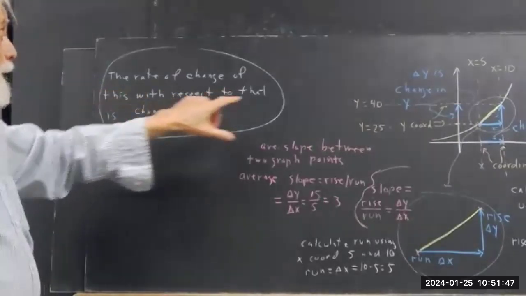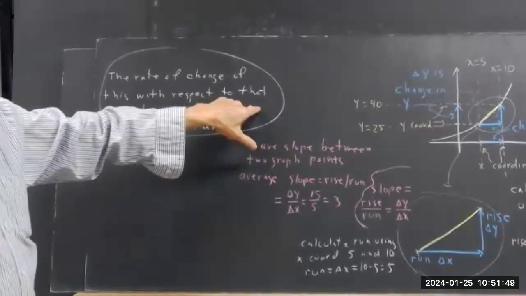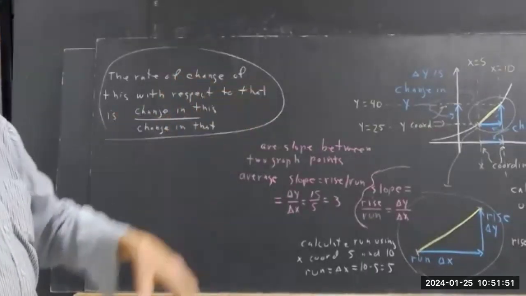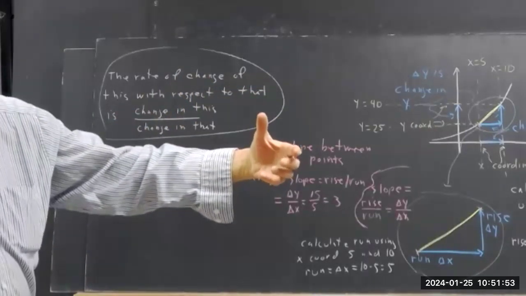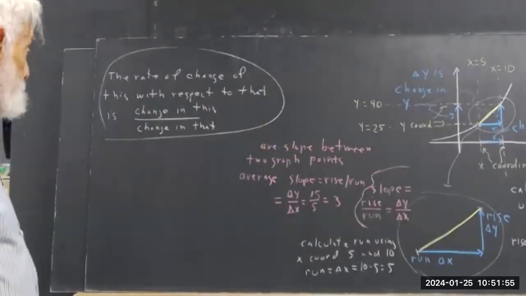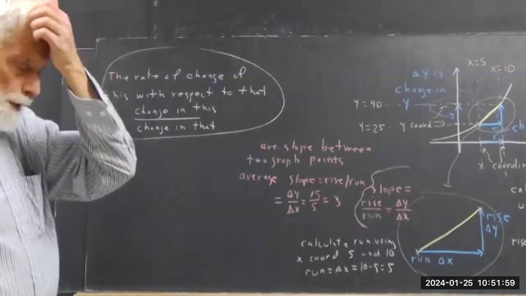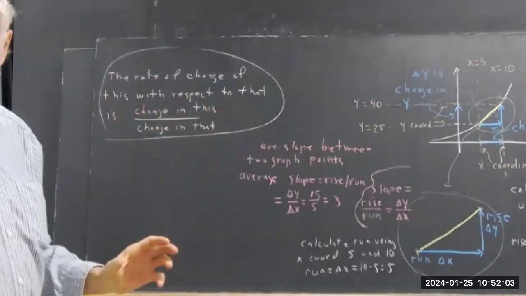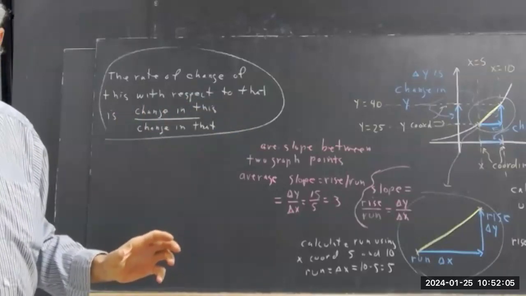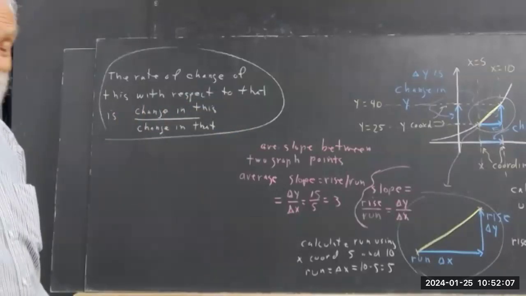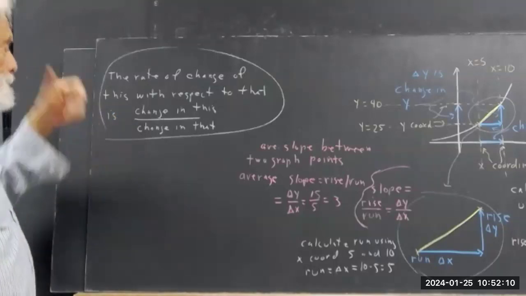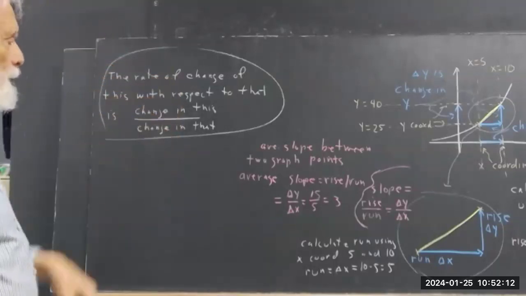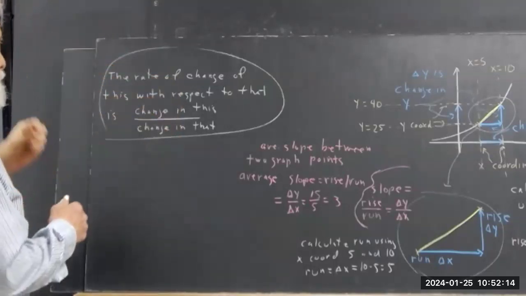This is your money, that is your time. Your money is going up at a rate of $5 every hour. Actually, 20 hours is a long time to work at a low wage. $100 in 5 hours, that'd be $20 an hour. That's not bad. So it's the change in your money over the change in time.